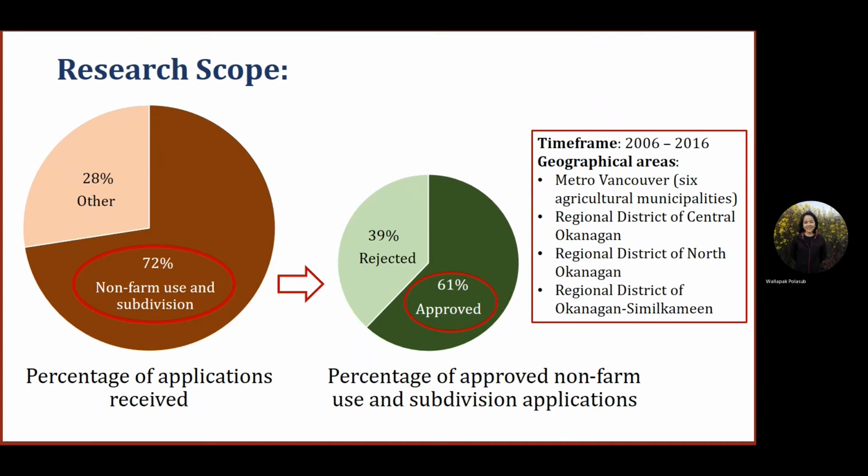And we also looked at 3 regional districts in the Okanagan, including the Regional District of Central Okanagan, Regional District of North Okanagan, and Regional District of Okanagan-Similkameen. The reason that we focus on these 4 regional districts is because these regions are among the most important agricultural regions in BC, and their farmland prices have been skyrocketing.